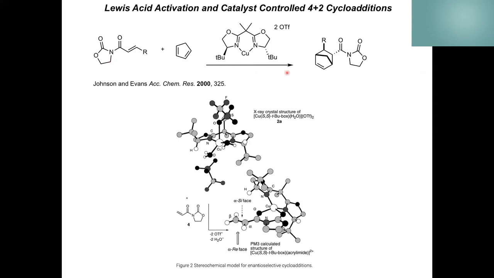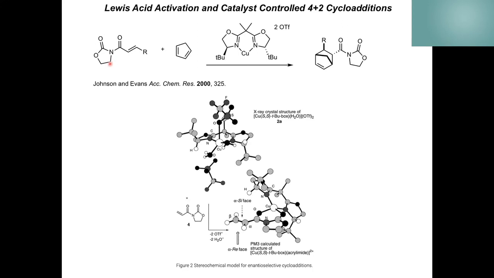So I'm highlighting probably one of the earliest examples of this chemistry, and maybe some of you might not even be familiar anymore with this type of functionality, these oxazolidinones. Even I'm forgetting the term sometimes. These oxazolidinones were really important when these bear chiral centers at this position derived from amino alcohols.